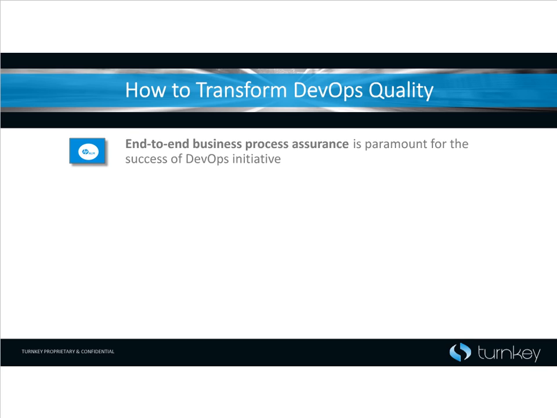It doesn't take many failures of the actual end-to-end process, to have production outages that really cripple these initiatives. So assuring that the entire end-to-end process works, not just the silo that's being worked on, is critically important.